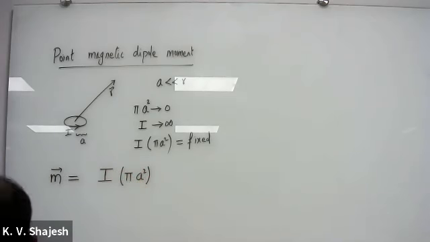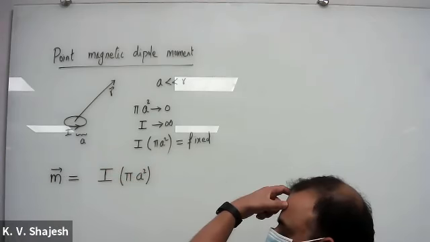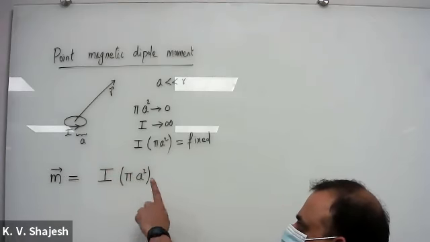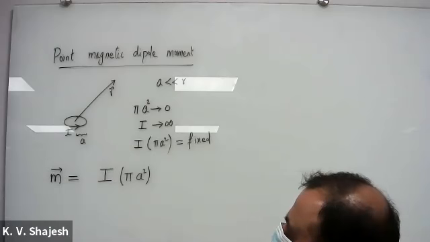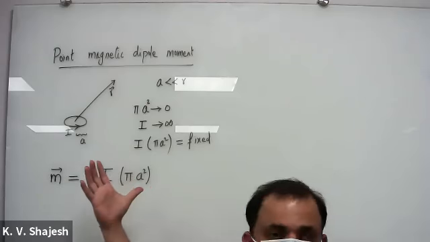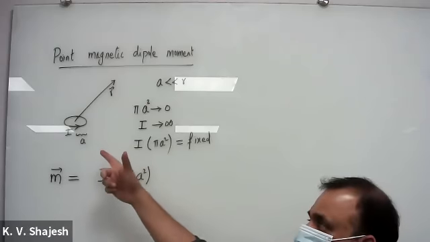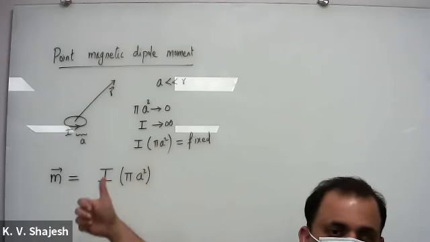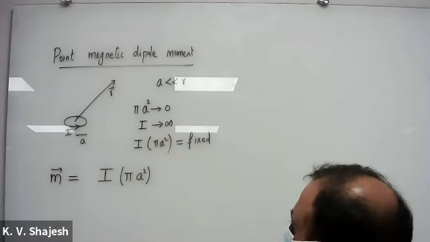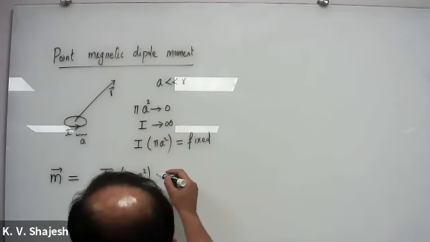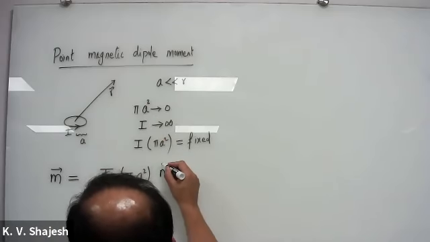If you remember your introductory level physics, if you have a current carrying loop of wire, current I in it, and the area of it, that's your magnetic dipole moment. But we also need a direction to it. You use your right hand to curl your current, and the area will be the thumb. So the right hand rule gives you the direction.